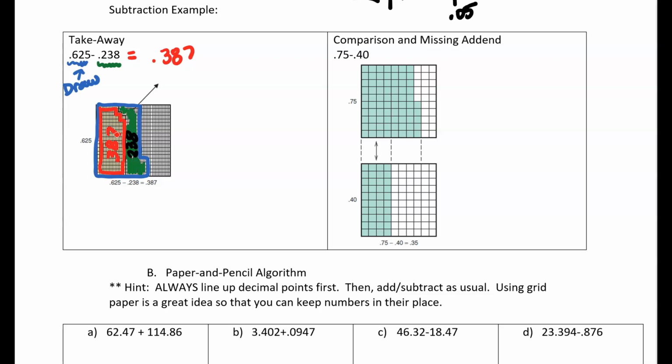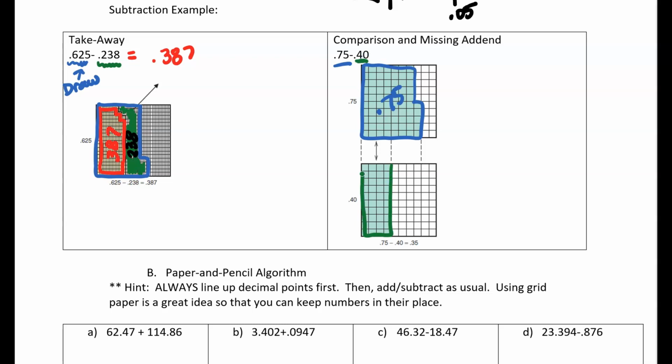And then let's look at the second way that you can subtract: comparison and missing add-in. This is similar to when we were just looking at integers and whole numbers. So if we want to do 0.75 minus 0.4, what we could do is draw 0.75. That's what we did up here. So this piece here is 0.75. Okay. And then we draw what 0.4 would look like.